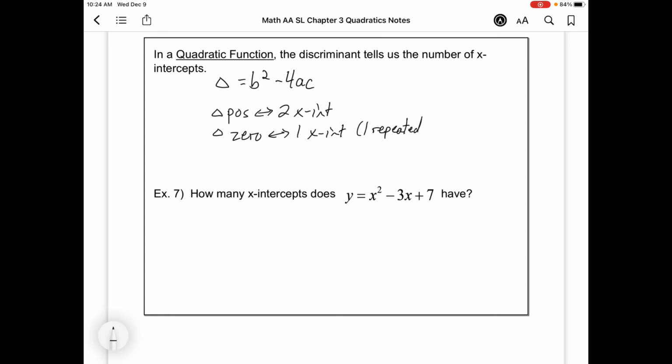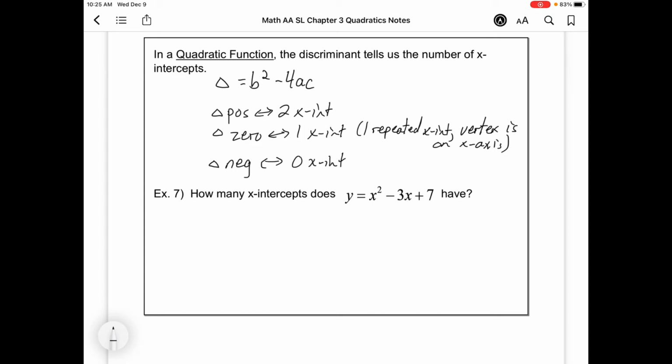What does that mean in terms of a visual? 1 repeated x-intercept means that the vertex is on the x-axis. That's the only way you can have only one x-intercept on a quadratic. And if the discriminant is negative, then you have no x-intercepts.